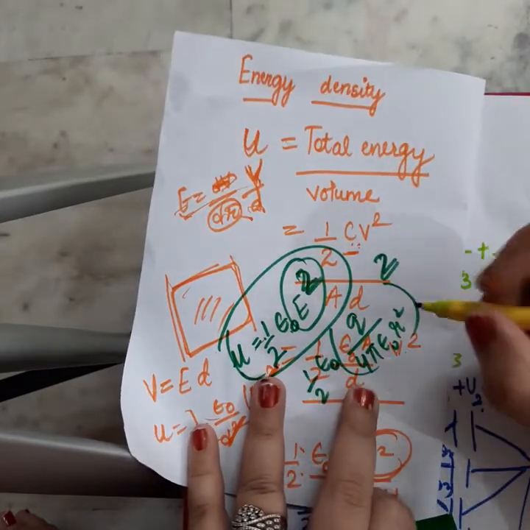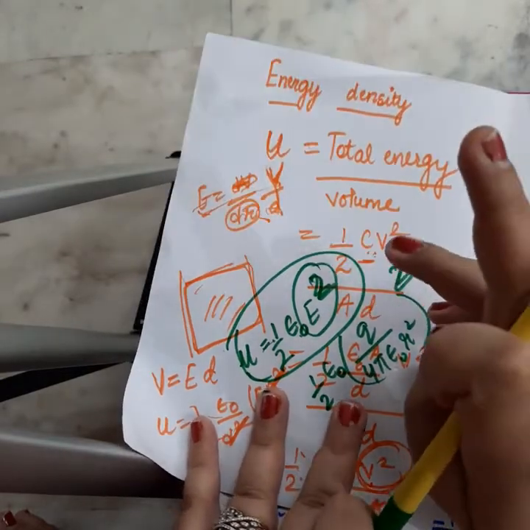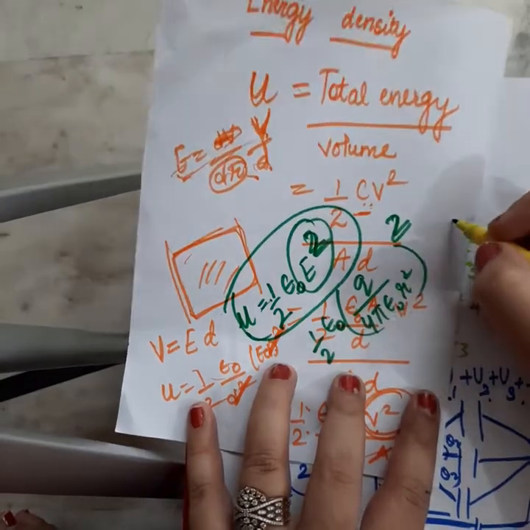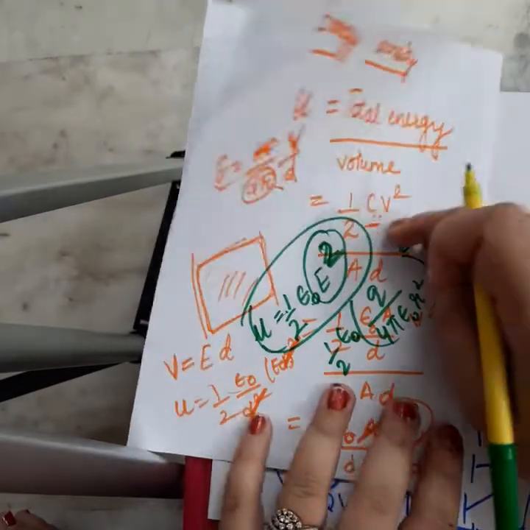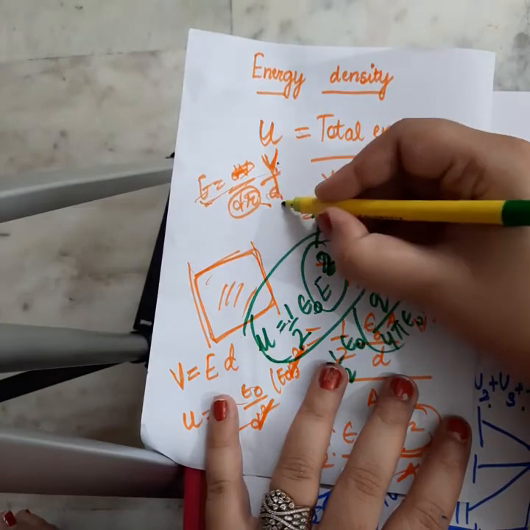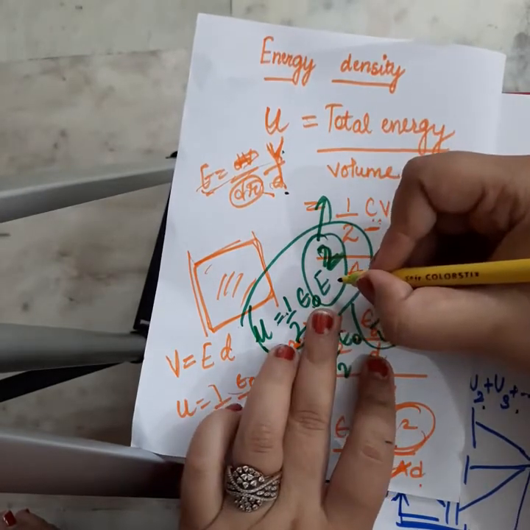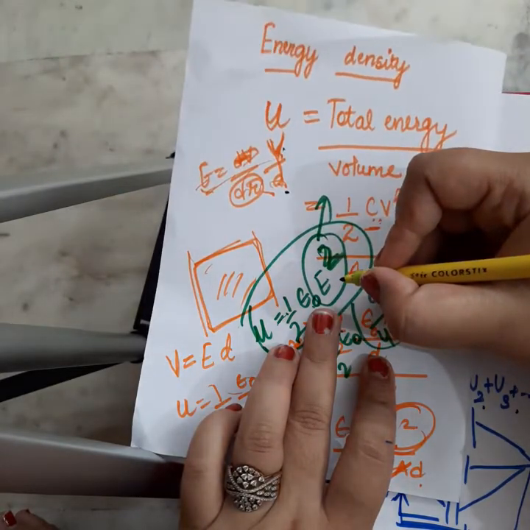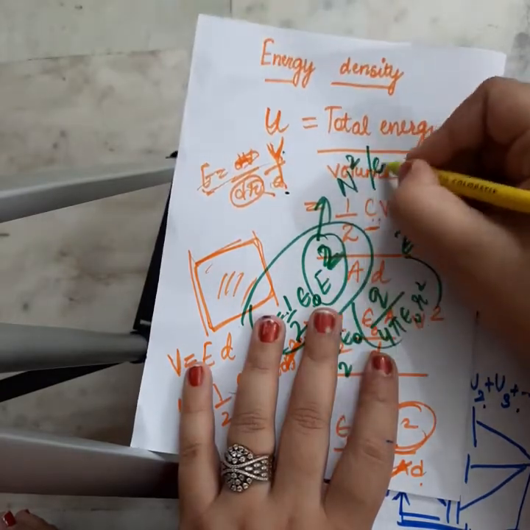If you want to calculate the units this way, then you can. Otherwise we also have direct units. Electric field is equal to potential difference divided by D, or electric field is equal to force upon charge, so it is Newton per coulomb. So E square is Newton square per coulomb square.